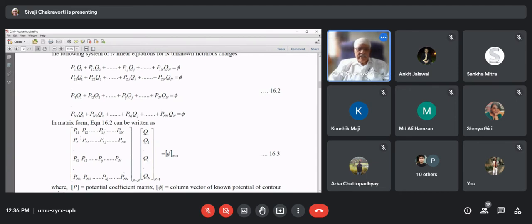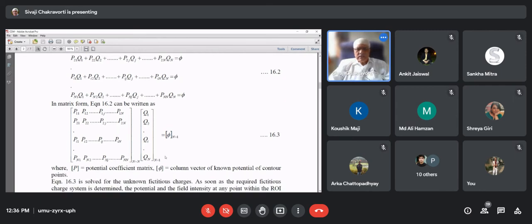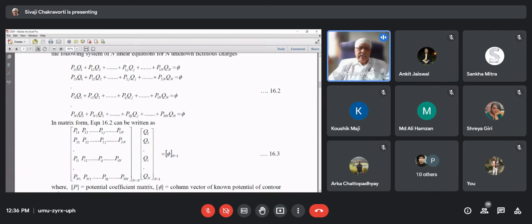Within the coefficient matrix, these Pij's are known because, as I said, if I know the charge location, contour point location, and charge type, I can have this Pij from the coordinates, just like the FEM. And therefore, I can solve this matrix. I get the values of Q. So the unknown variables are known. And beautifully, you can see that once again, the CSM has developed a system of equations which is linear, and it involves only scalar quantities.